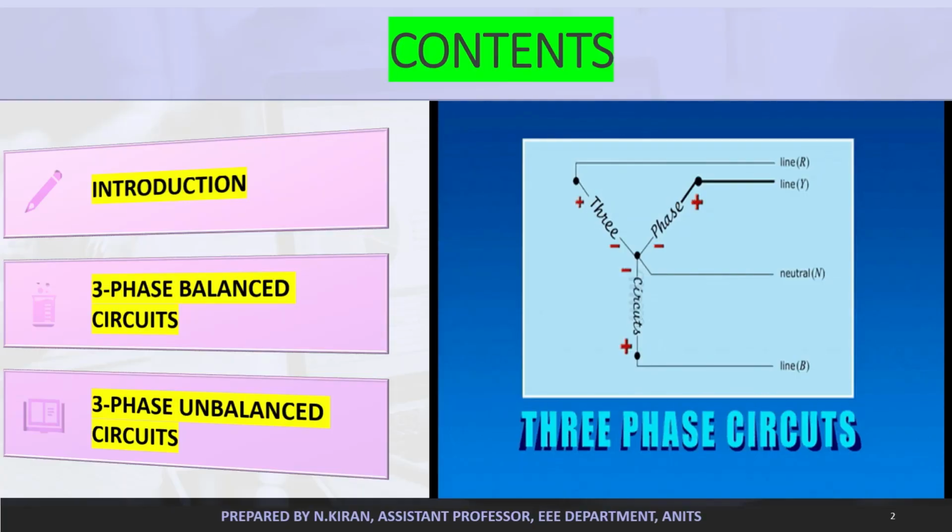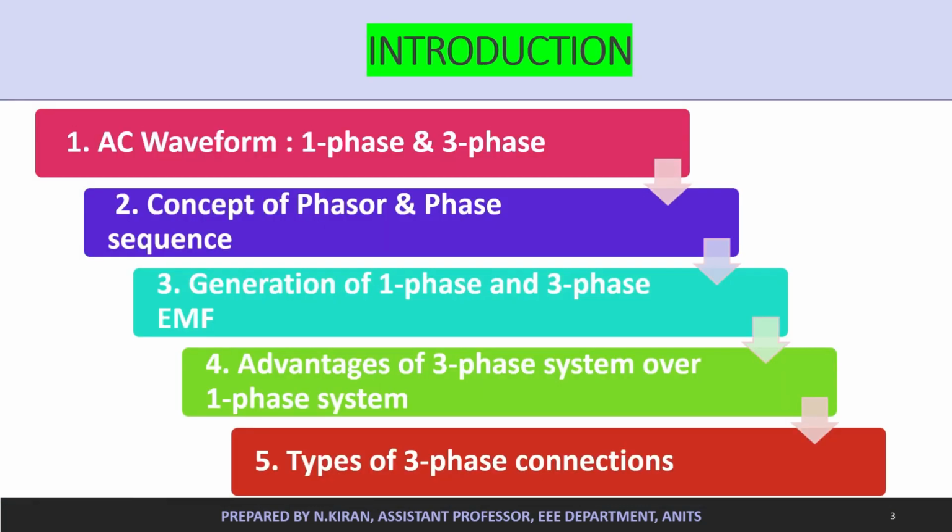First, we'll see the introduction part regarding three-phase circuits. Then I'll move on to the analysis part of three-phase balanced as well as unbalanced circuits. Under the introduction, we'll see how a single-phase AC as well as three-phase AC is represented.